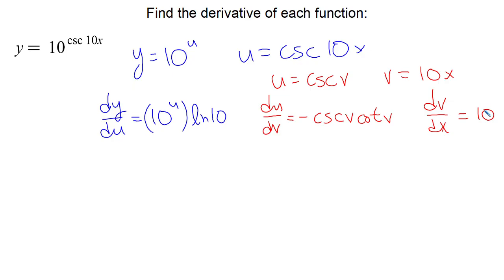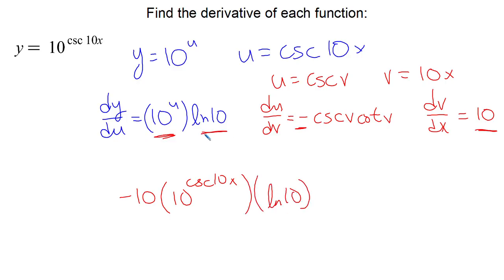So if we multiply all this together, first off, way out in the front, we're going to have a negative with a 10. So we're going to have negative 10 times our 10 to the u, so 10 to the cosecant 10x, times our natural log of 10.